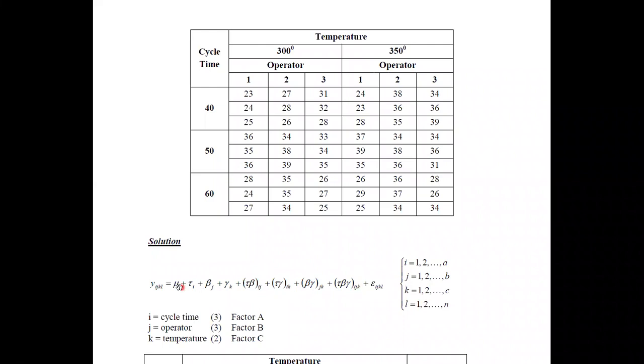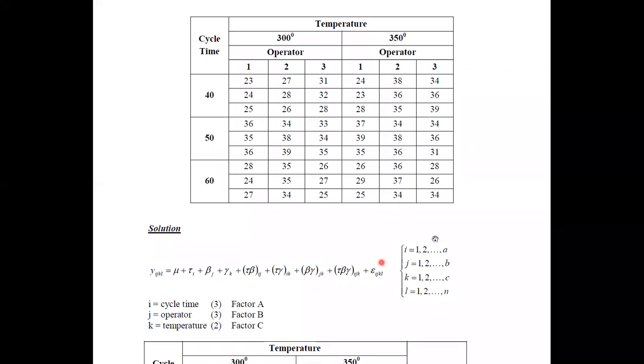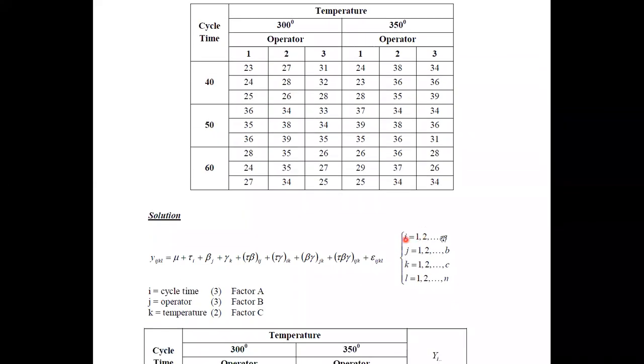Here you can see the grand mean is included, then tau i, beta j, gamma k, the main effects of these three factors, and thereafter the two-way interactions as well as the three-way interaction, and finally the error term. Generally, i goes from 1 to A, j goes from 1 to B, k goes from 1 to C, and l goes from 1 to n since there are n replicates.